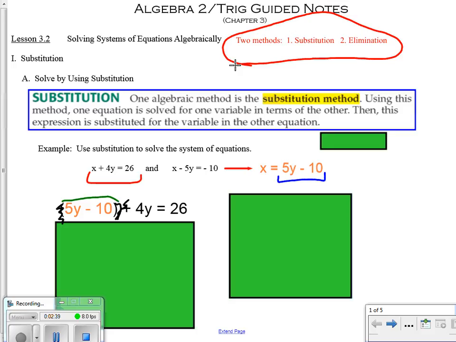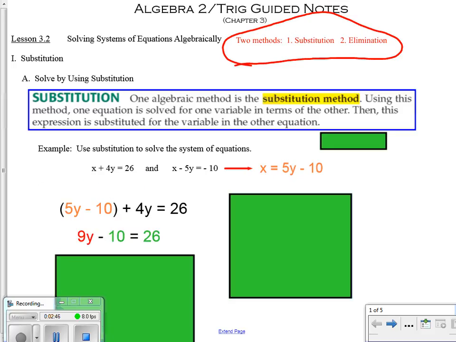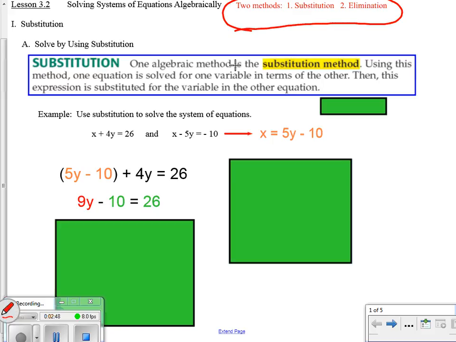So I can basically get rid of those and look at the equation as one big piece, and we can start combining our like terms. All of our y values, 5y and 4y, are both positive, so they're added together and that became 9y. Then I look at my constant terms. I just have this negative 10. So again, that becomes a minus 10. And our right side stays as 26.